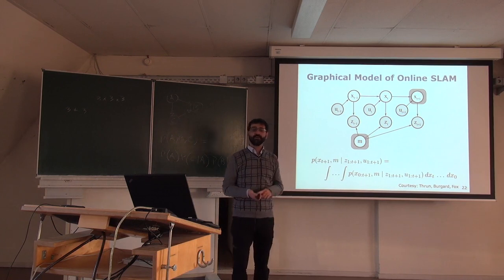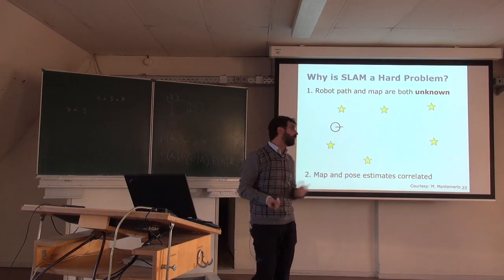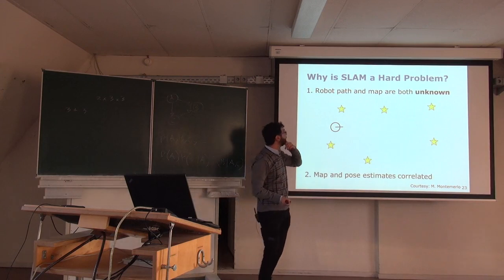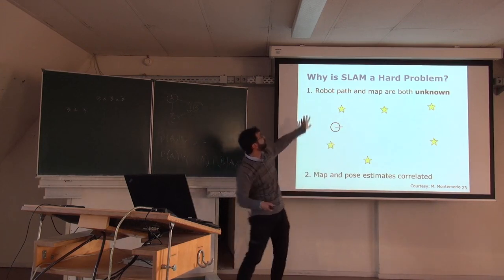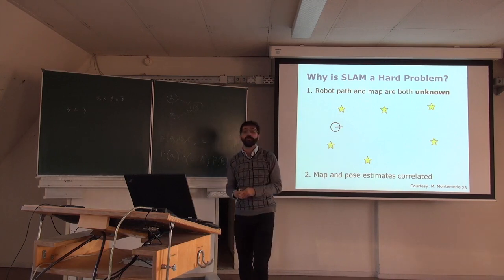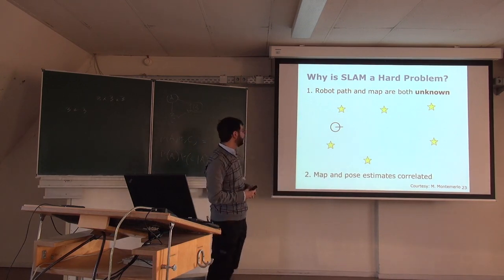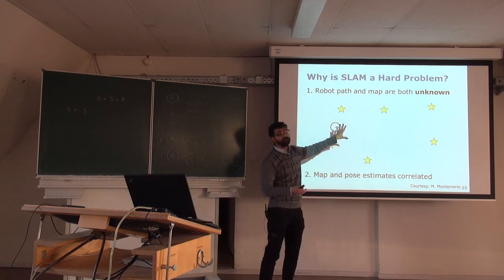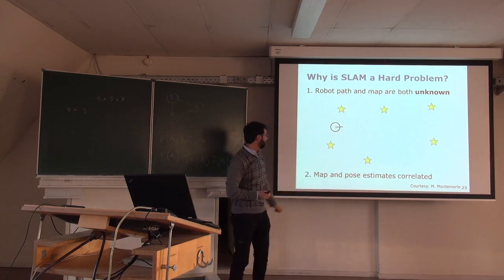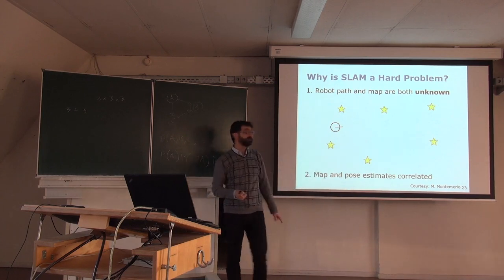Okay. So why is the problem hard? And I hope I will give you an idea why it is. We don't know the path and we don't know the map. Now let's assume that this will be the real thing, but we don't know that. And the map and the pose estimates are actually correlated.